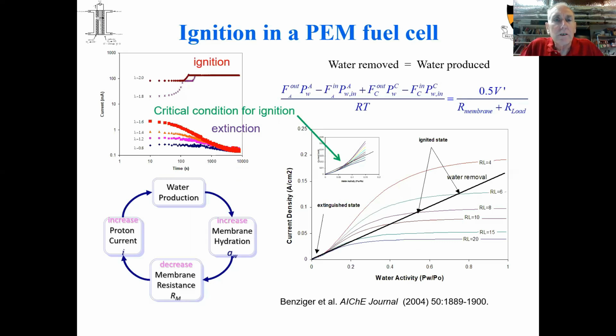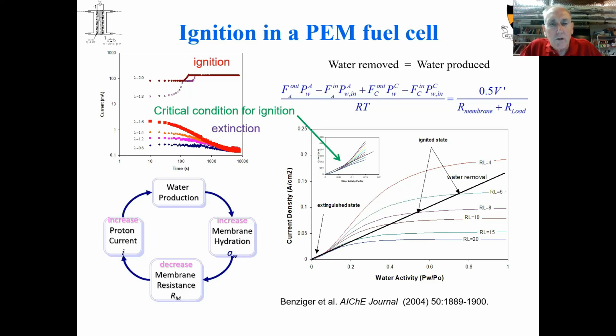So let's see, why do we get ignition in a PEM fuel cell? You can think of this in the same way as you think of a flame. In a flame, the chemical reaction produces heat. The heat accelerates the reaction, and so you get a feedback loop that leads to ignition.